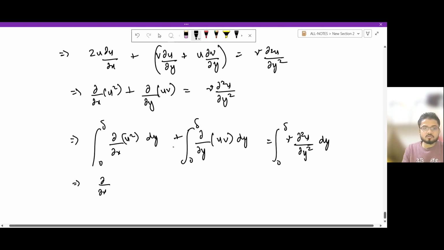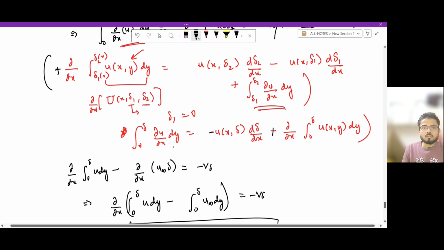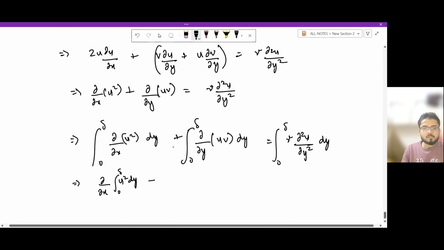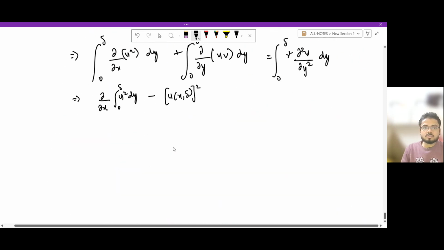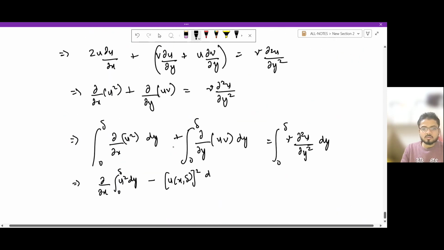Keep this outside: del over del x of integral of u squared dy from 0 to delta, minus u at x comma delta, and this entire thing's square, times the first derivative of the upper limit, that is delta.